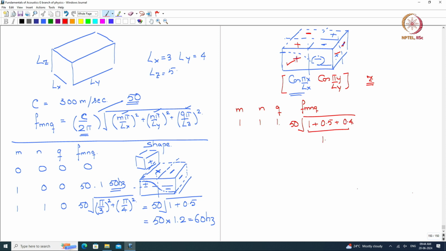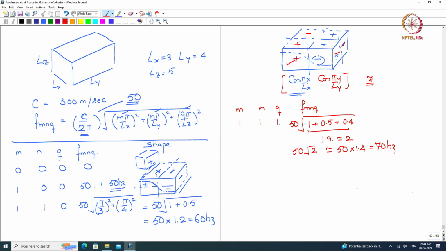So this total is 1.9, I will approximate as 2. So I have 50 root 2, which is approximately 50 into 1.4, which is 70 hertz.